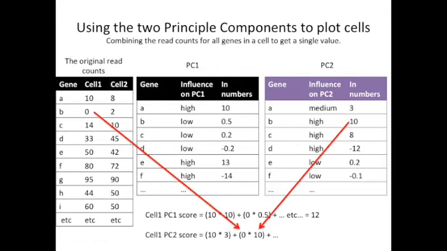We add to that the read counts for gene B multiplied by the influence that gene B has on principal component number 2. In this case, that's 0 times 10. And we just do that for every single gene again. And we end up with a score for principal component number 2, and in this case, that might equal 6.